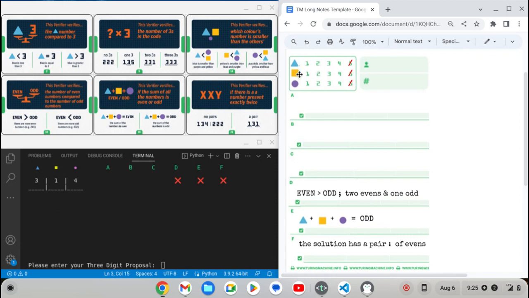So that's why I'm believing that the smallest, the odd is either going to be square or circle. And again, the triangle is going to tell us which even it is. And then, of course, whichever isn't the smallest among square and circle, the other one's going to be the even. So I think that's how we're going to play it. So let's go ahead, and I'm trying to think of, what would be a better choice, 4 or 2?